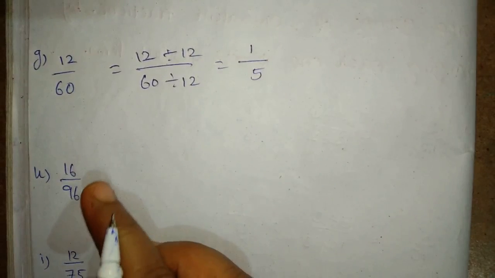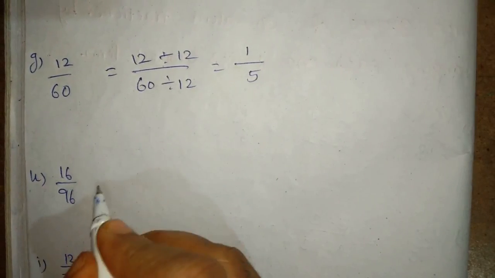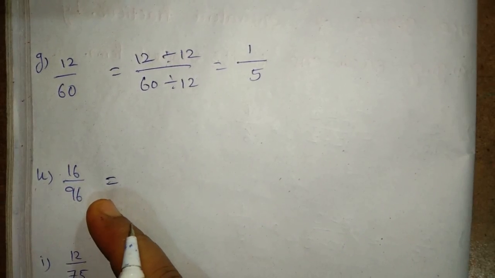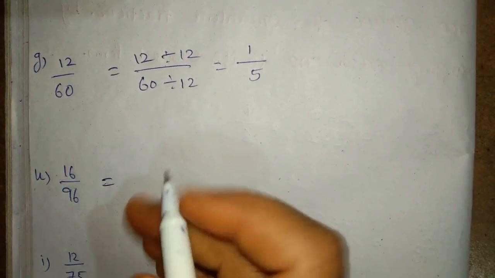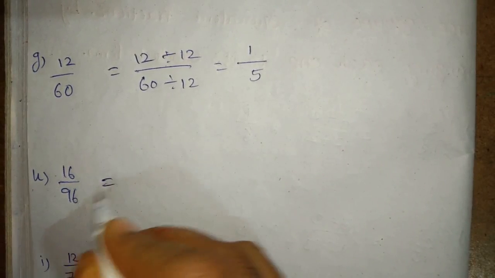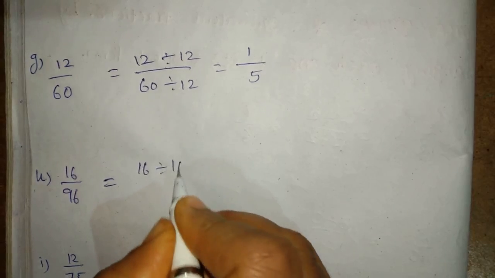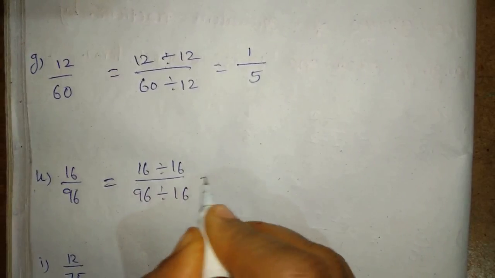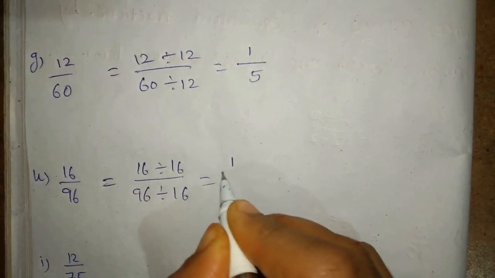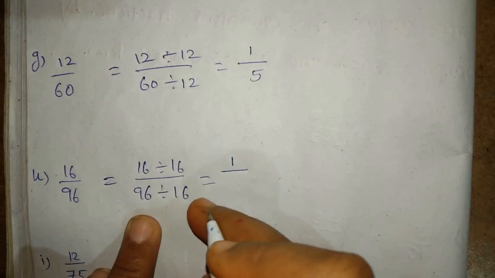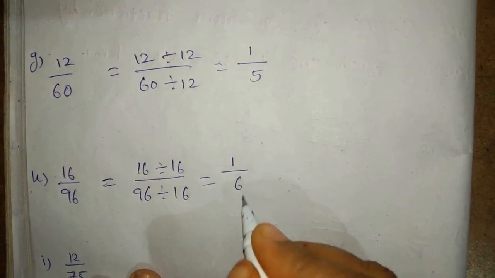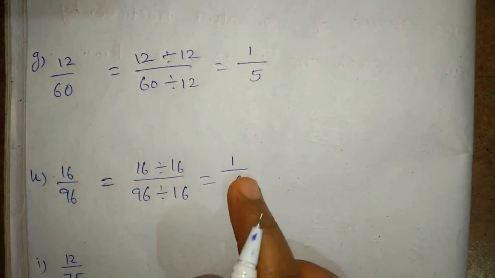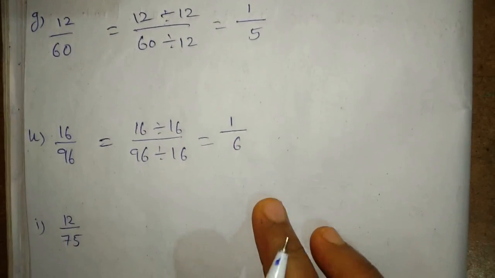And next one, 16 by 96. In this, we divide both numerator and denominator by 16. 16 by 16 is equal to 1, 96 by 16 is equal to 6. 16 sixes are 96. So we get 1 by 6.